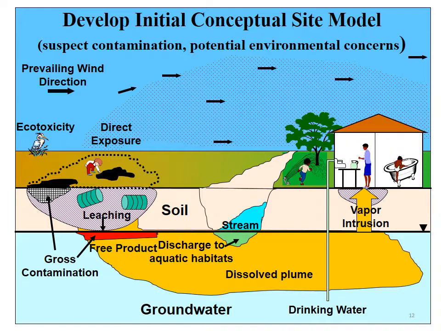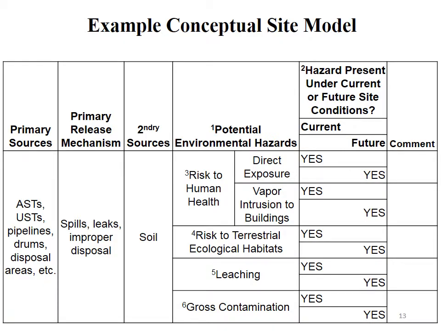When evaluating receptors, it's important to also identify current land use, zoning, and anticipated future land use and zoning to adequately assess the site. Here's another sample conceptual site model in a tabular format.